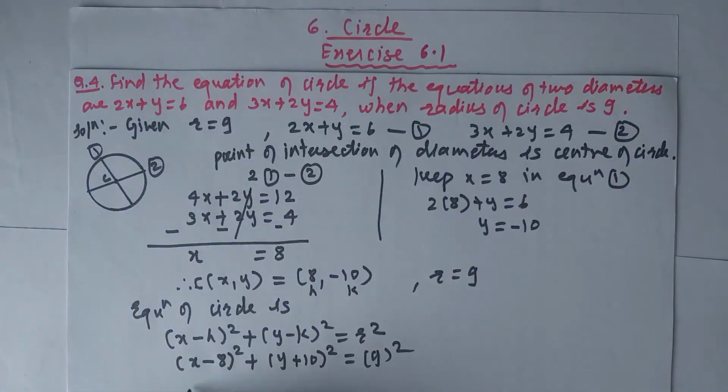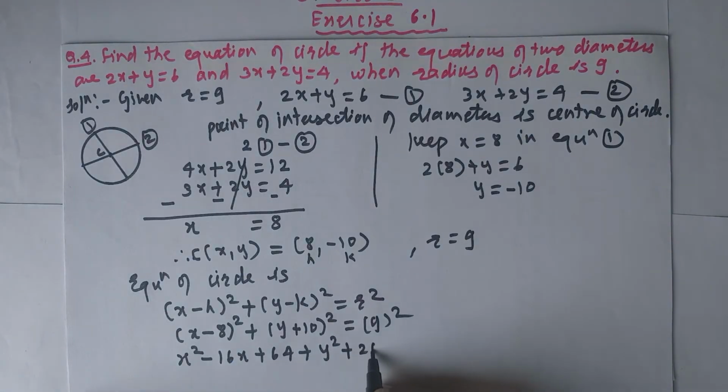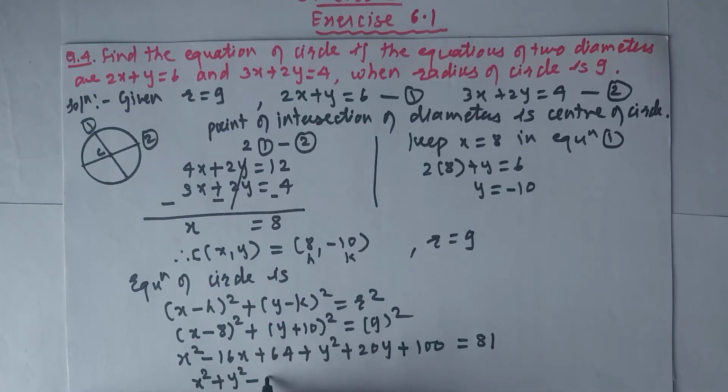Okay, now expand this bracket. This will be x square minus 16x plus 64 and this will be y square plus 20y plus 100 and here square of 9, 81. Now simplify this. This is nothing but x square plus y square minus 16x plus 20y.